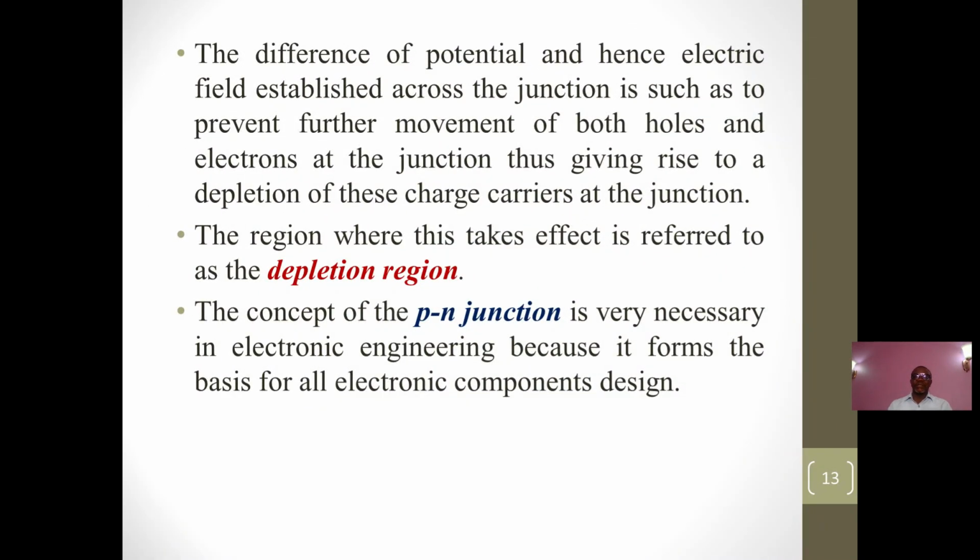The difference of potential, and hence the electric field established across the junction, is such as to prevent further movement of both holes and electrons at the junction, thus giving rise to a depletion of charge carriers at the junction. The region where this takes place is referred to as the depletion region.